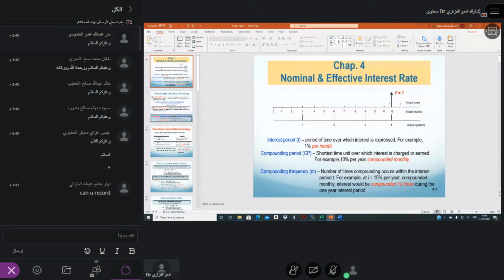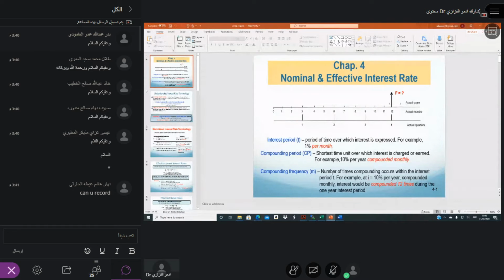Then the next one is the compounding frequency. Compounding frequency is the number of times compounding occurs within the interest period T. So let's say your interest period is 1 year. For example, interest is 10% per year, compounded monthly, that is, they are collecting it monthly.